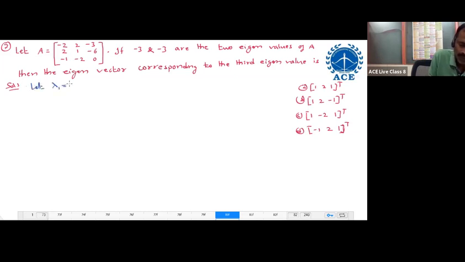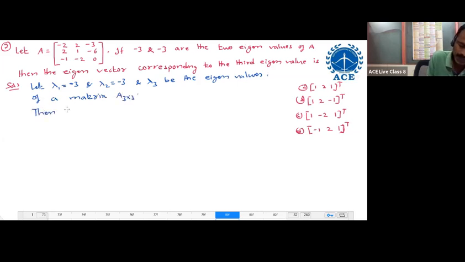Let lambda 1 equal to -3 and lambda 2 equal to -3 and lambda 3 be the eigenvalues of a 3 by 3 matrix A. Then lambda 1 plus lambda 2 plus lambda 3 equal to trace, which implies -3 plus -3 plus the third required eigenvalue.